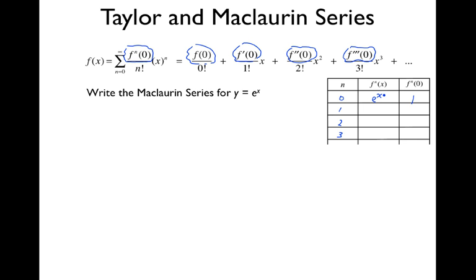What's the first derivative of e to the x? e to the x. And we want to evaluate that at 0. 1 again. Second derivative of e to the x. All right, so we see the pattern. All the derivatives are e to the x. And so evaluated at 0, it's all 1s. So for e to the x, all of these derivatives evaluated at 0 are 1.